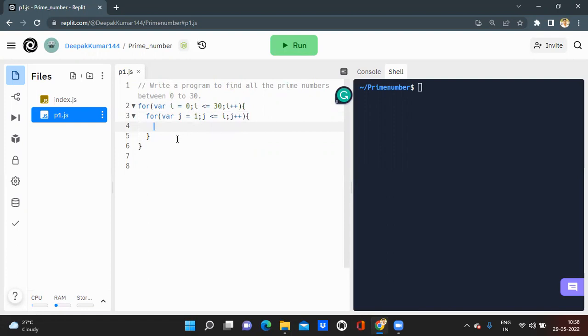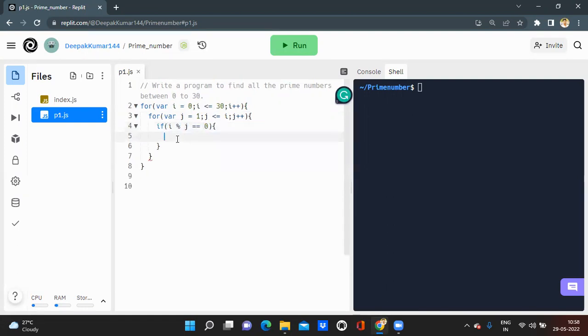So we check if I modulus j equals 0, then we have to count the factor. We increase the count, and we have to make a counter variable, count equals 0, initially. Why do we declare this count variable inside the first loop and not before the outer loop?